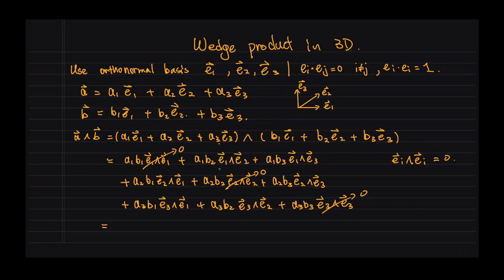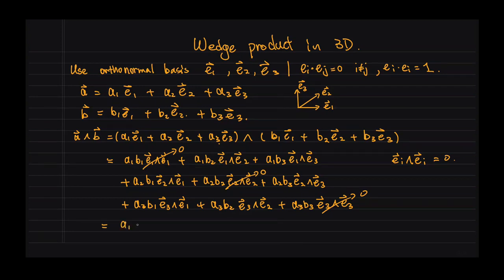We have E1 wedge E2, we have E1 wedge E3, and we also have E2 wedge E3. So let us first focus on E1 wedge E2 or E2 wedge E1. So it's basically these two. We focus on these two first.